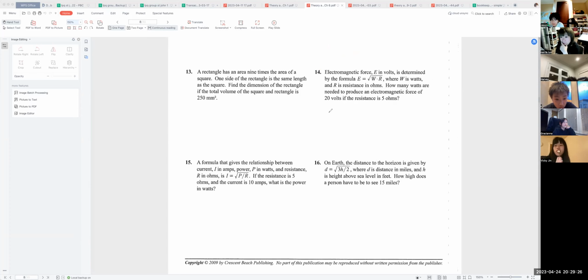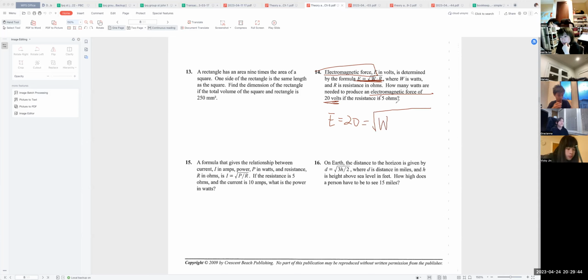So what do we do? E equals 20, right? Because this one is calculated like that. And we already know in order to produce this, E equals 20, right? Equals the square root of, what? They want to know the watts because R has been told to you as 5.